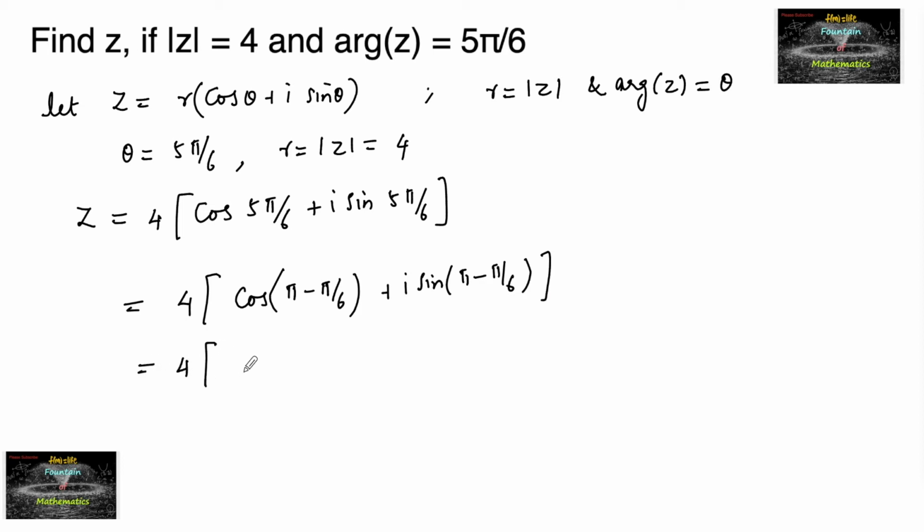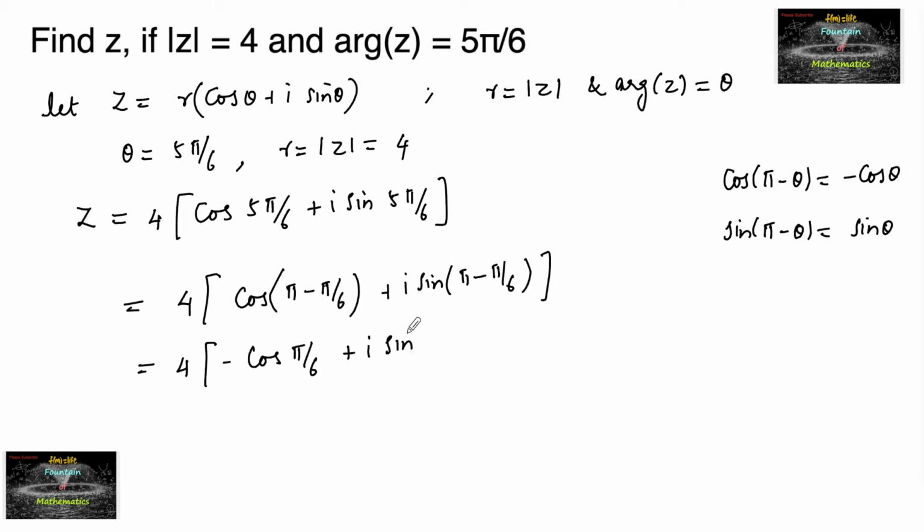So which is equal to 4 times cos of (pi minus theta) is in the second quadrant, cos is negative, so we can write minus cos theta, and sin of (pi minus theta) is plus sin theta. Sin is positive in the second quadrant, so it is minus cos pi by 6 plus i sin pi by 6.